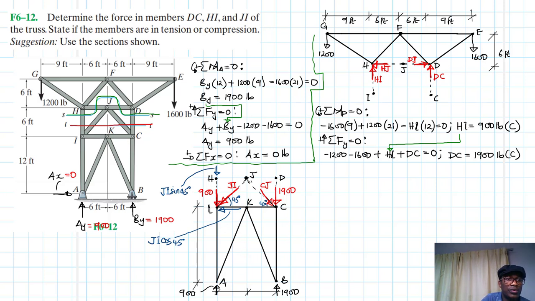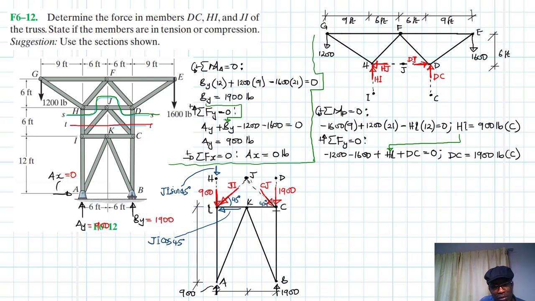So what we are going to do is take moments about point C to find JI. When we do so, CJ will not participate, the 1900 CD will not participate, the support 1900 will not participate, and the horizontal component JI cos 45 will not participate.